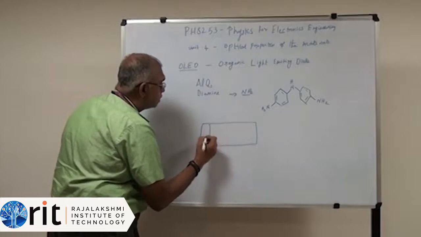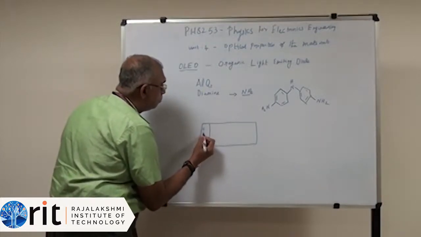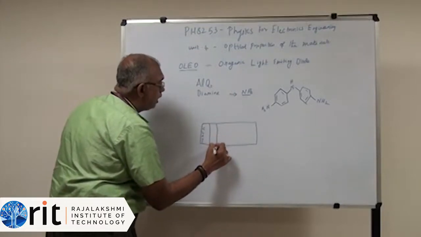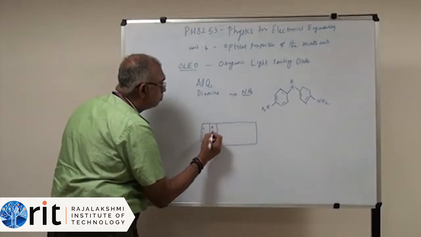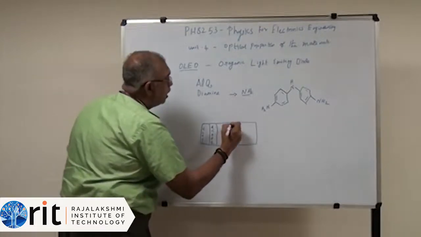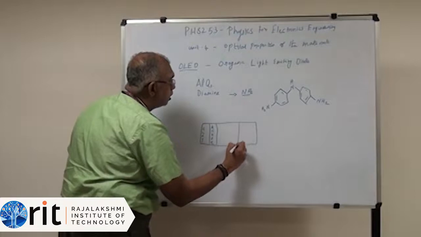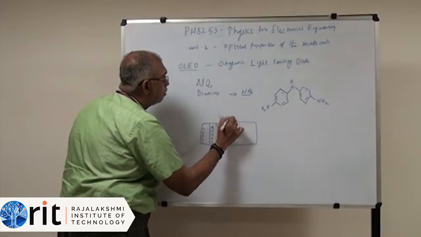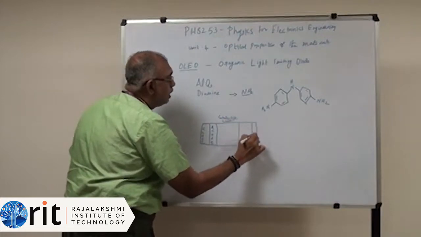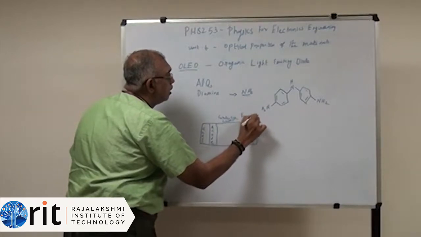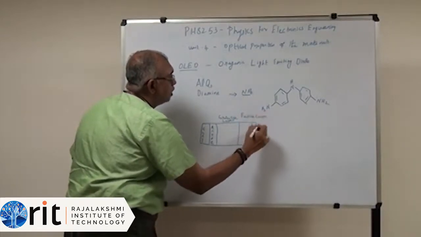One is the transparent glass window, another is the transparent anode coated to the glass, another is the conductive layer, another is the emissive layer, and here it is the cathode.